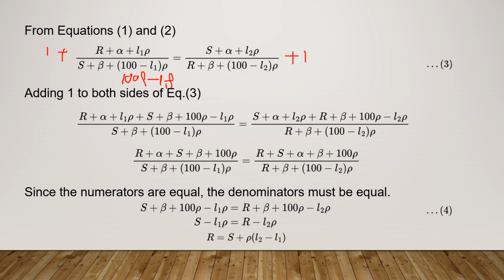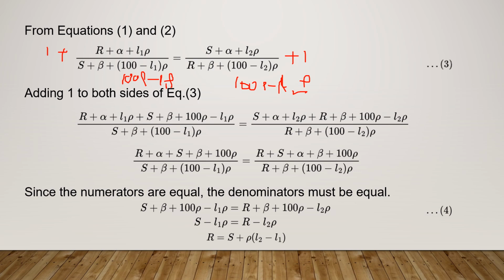Therefore, this S plus alpha plus L2 rho. This one, here we take the LCM, means you multiply this by this term. Therefore, R plus beta. This can also be written as 100 rho minus L2 into rho.